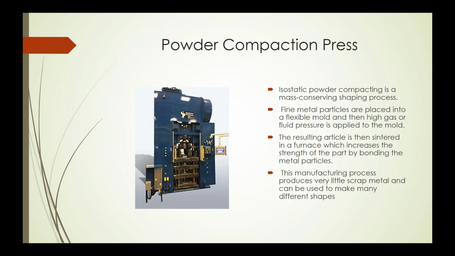The manufacturing process produces very little scrap. Obviously, you have a compact, and any powder that is not pushed together in making that compact is then recovered and can be reused. But you can make many, many different shapes, and one of the things that the jaws of this compaction press is basically a mold.